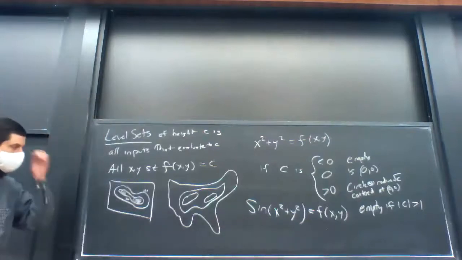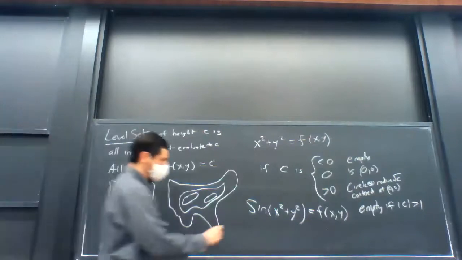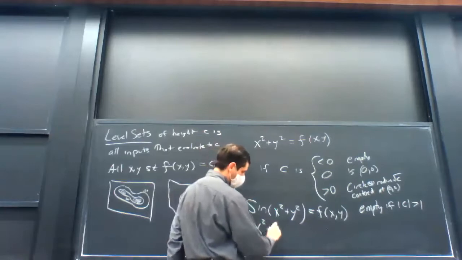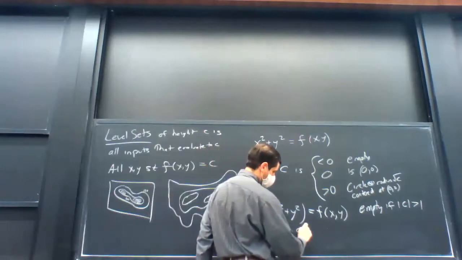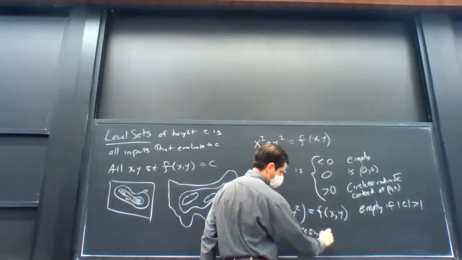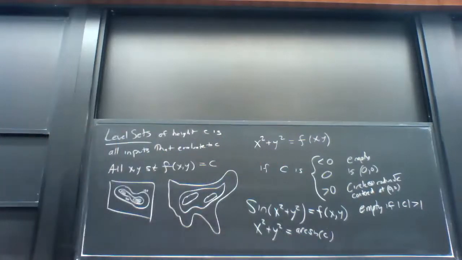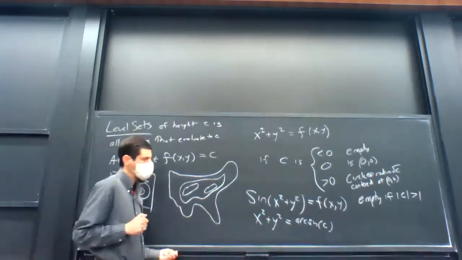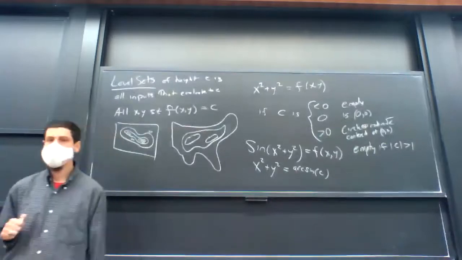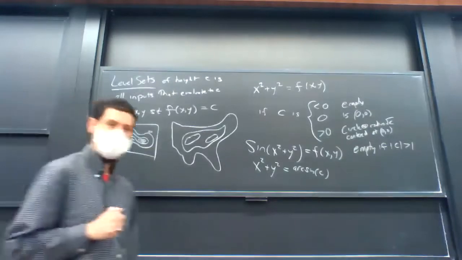And then for any c between -1 and 1, you would want x squared plus y squared to be the arc sine of c. So what can you tell me about the level sets?